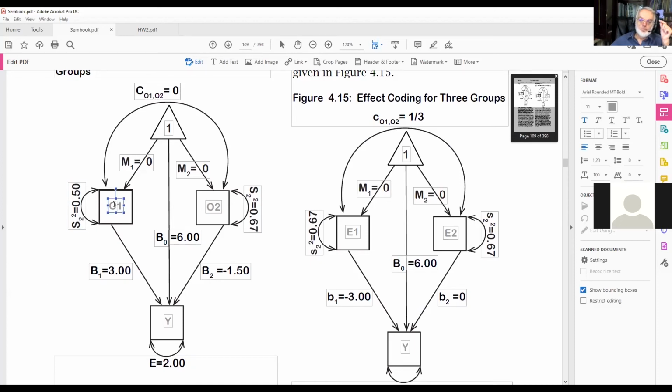I'm going to use 1s, 0s, and -1s, or -2s and 1s, any strategies such that the mean of that is going to be 0, to ask questions where the covariance is 0. In this particular 3-group example, an example of an orthogonal code is 1 different than the mean of 2 and 3, and 2 different than 3.